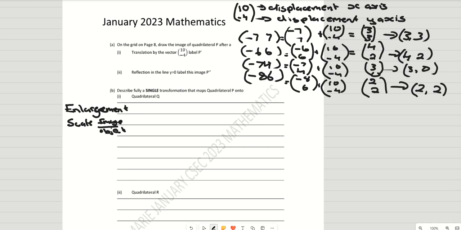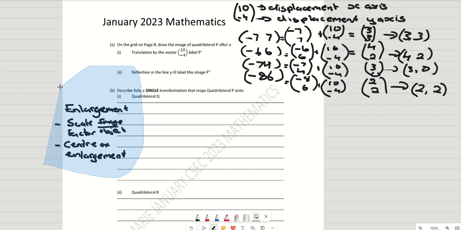So you could choose any length of your image and divide by object and you'll get your scale factor, which is also known as K. The next thing you need to know for enlargement is your center of enlargement. And I'll teach you how to do that. And I think that's it. So for enlargement, there are two things that you need to find: your scale factor and your center of enlargement, which are things that I will teach you how to do.